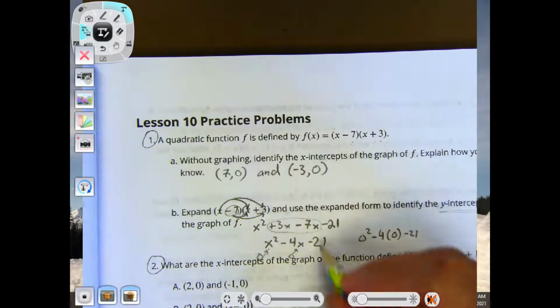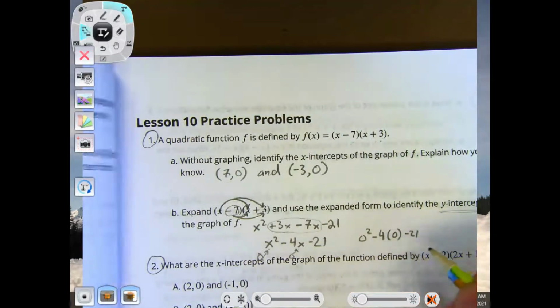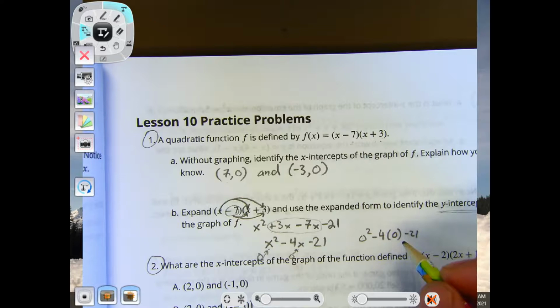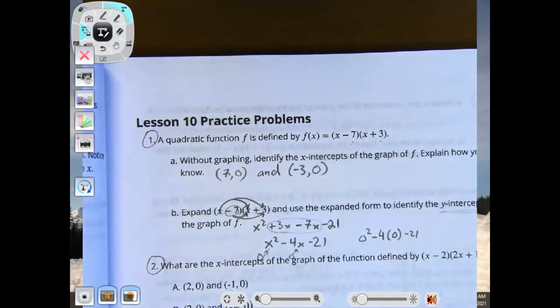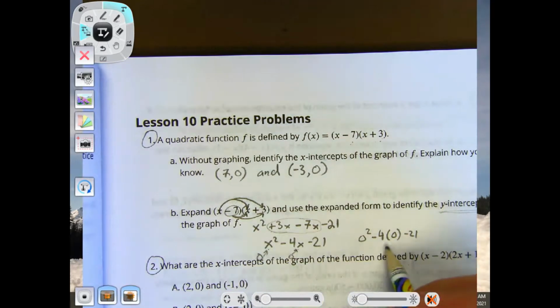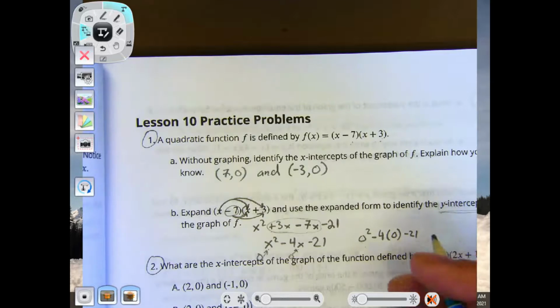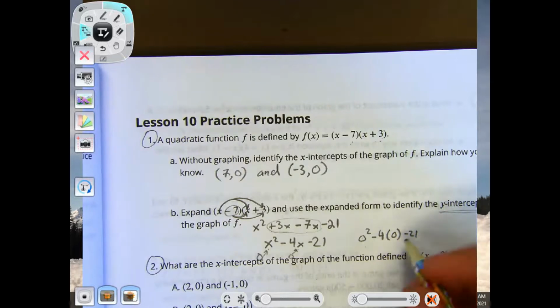So this is when y equals 0. No, not y. When x equals 0. If I move back and forth, 0 is where the y-axis is, right? So in this case, this is just 0 minus 0, which is 0, and it leaves me with negative 21.